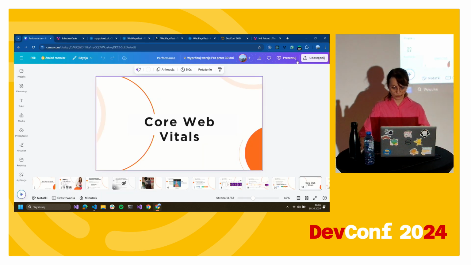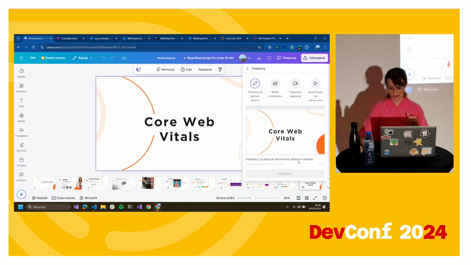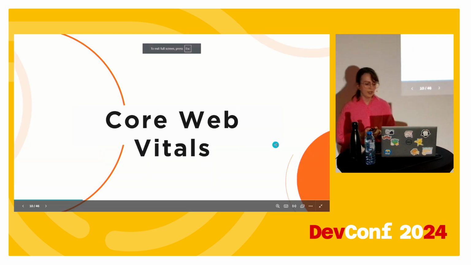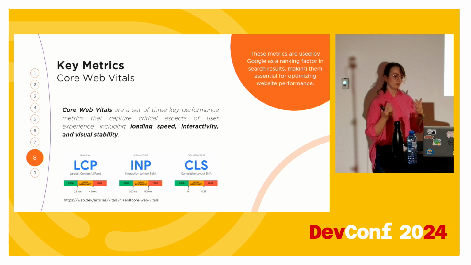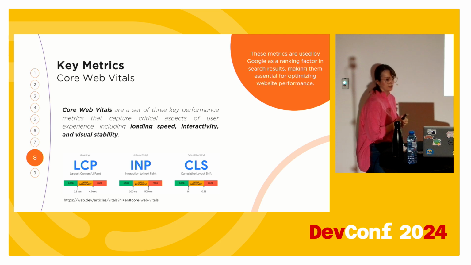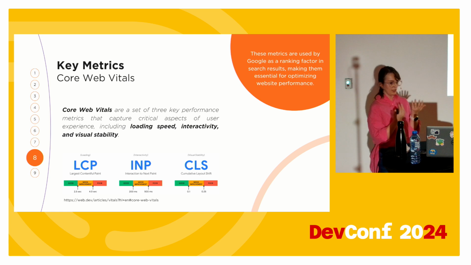Okay, let's go to Core Web Vitals and why they are so important and what they measure. So Core Web Vitals are three key performance metrics that capture critical aspects like loading speed, so we know that this is LCP, interactivity, it is the next metric, Interaction to Next Paint, and the last one, visual stability, it is CLS.